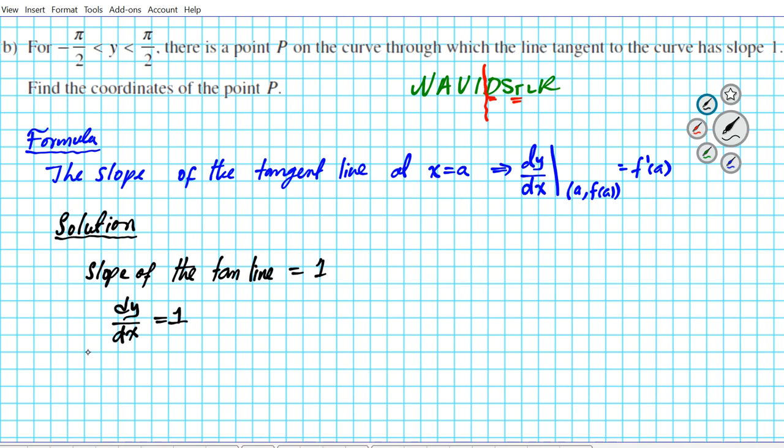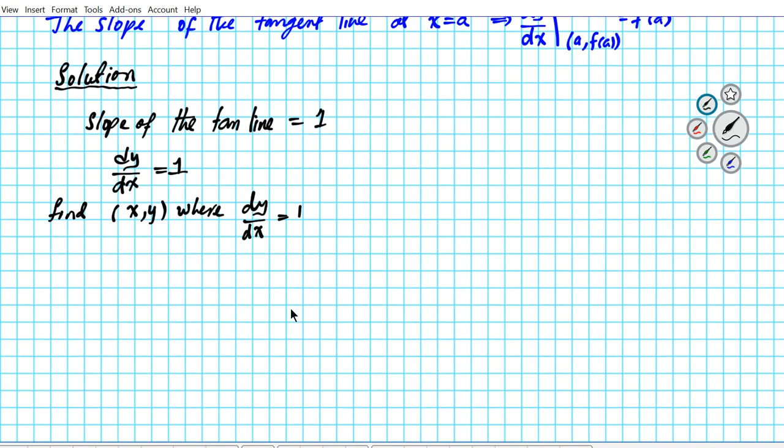So what is dy/dx? It's what we found in the A part. When we differentiated implicitly, we had dy/dx is 2 over 2 minus sine y, and that is equal to 1.